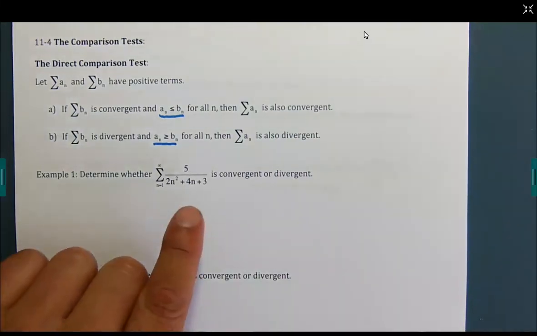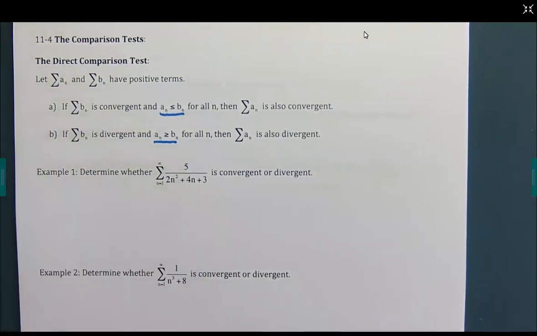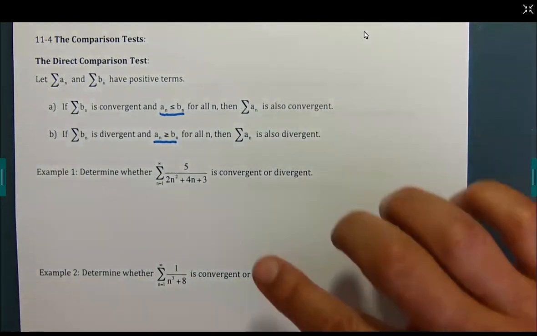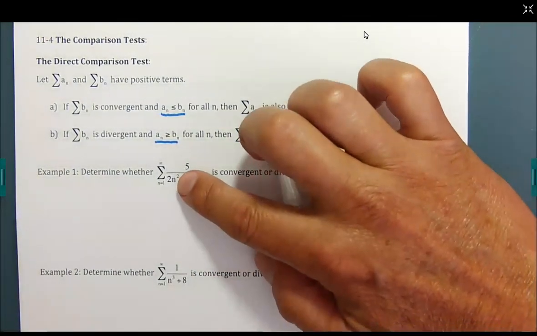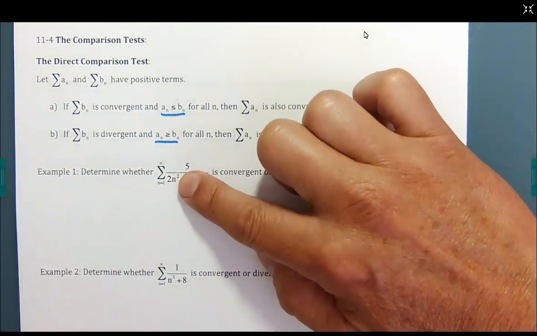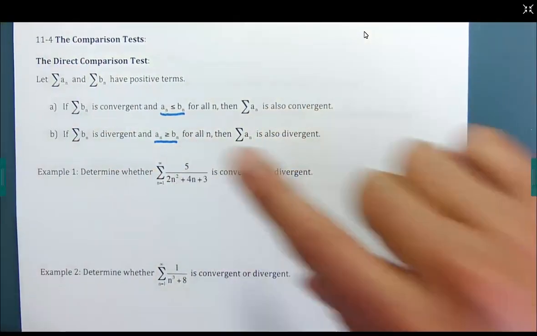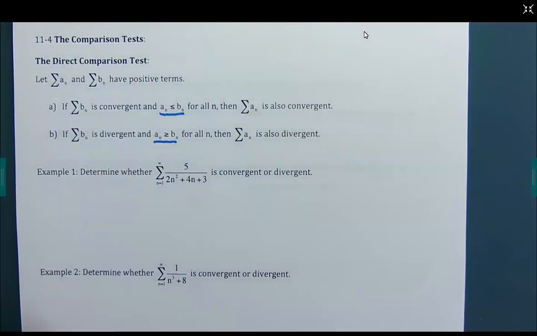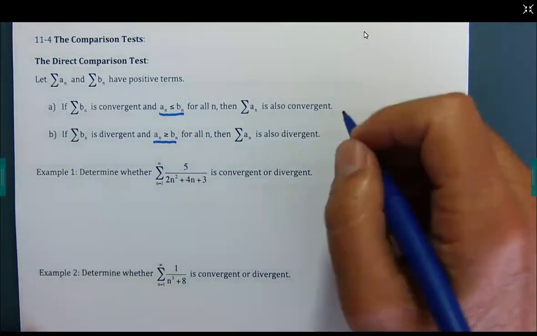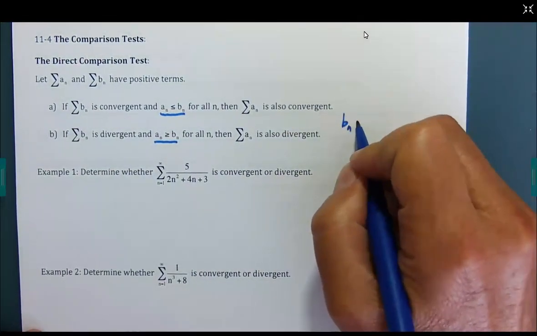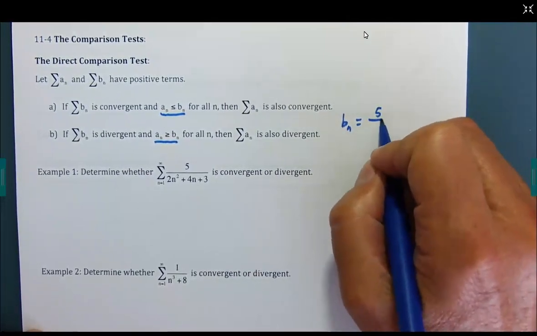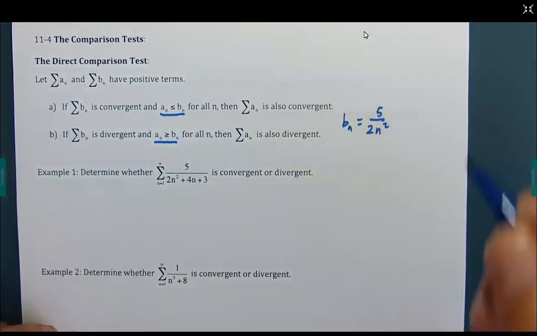We're going to determine whether this is convergent or divergent, and I need to figure out what to compare it to. In almost all these cases, I'm just going to truncate it like this. I'm just going to block off this, and I'm going to make my new one 5 over 2n squared. So here's my b sub n. It's going to be 5 over 2n squared.